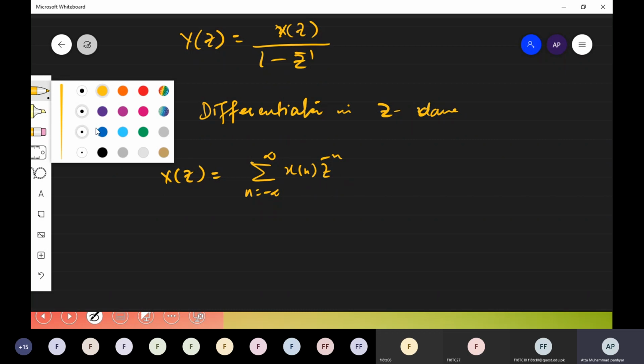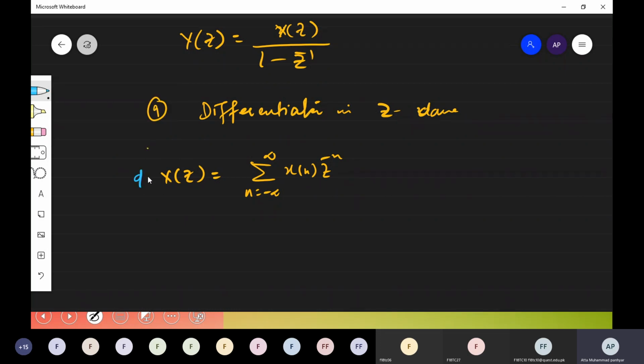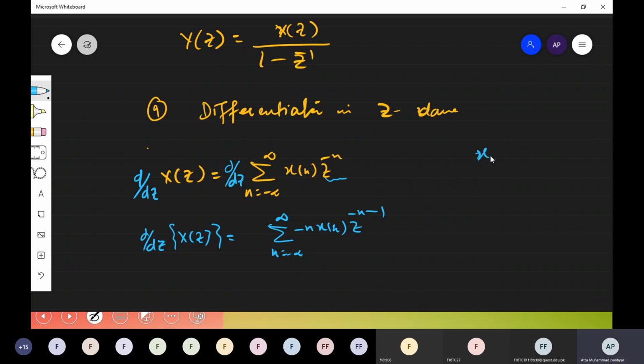So if we differentiate this with d by dz on both sides, then what we get is d by dz of X of z must be equal to the summation over n from minus infinity to infinity. If you differentiate this signal, what do you get? Minus n x of n z power minus n minus 1, right? If you remember, if we have x power n, then its derivative is n times x power n minus 1, right?